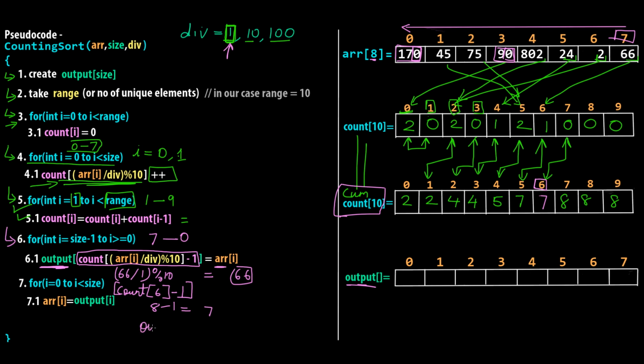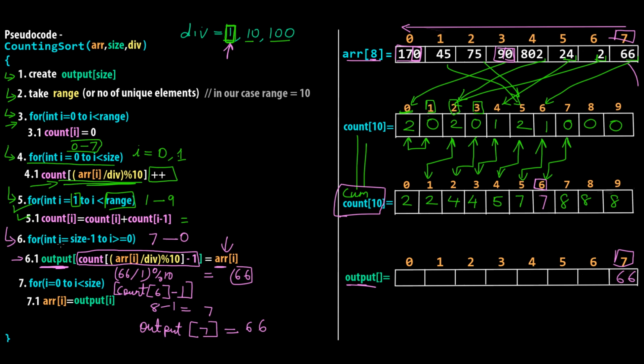We are going to go to the output array at the 7th index position, which is actually the last index position, and store this RHS, that is ARR of I, 66. We take this 66 from the input array and transfer it over here. So this is the first step inside the for loop.